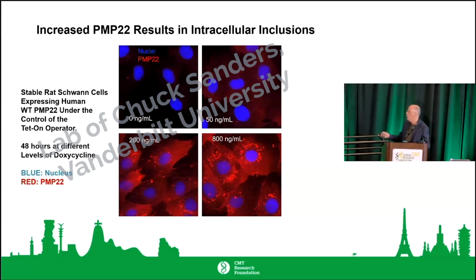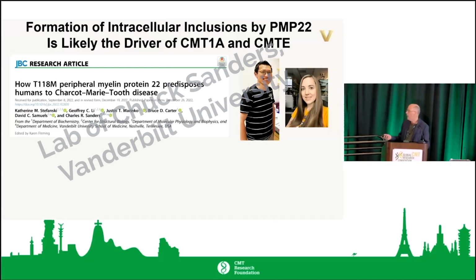And so we wondered, is it these punctae that are driving the disease? And so we set out to try to figure out how to prove whether they were causing the disease. And all our experiments to prove it didn't work, but we stumbled on this accidentally. And the reason is because, so this is Jeffrey Lee, who's here and has a poster, and Catherine Stefanski, who also has a poster.